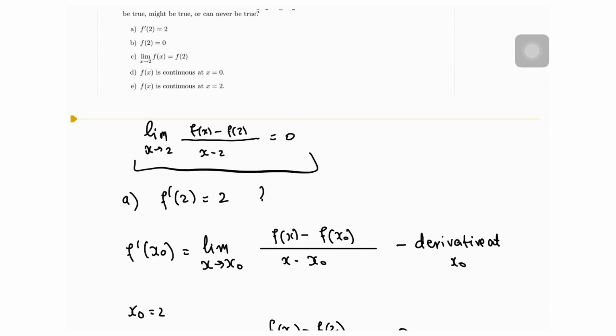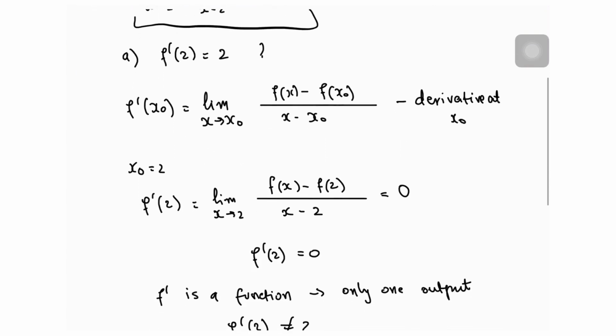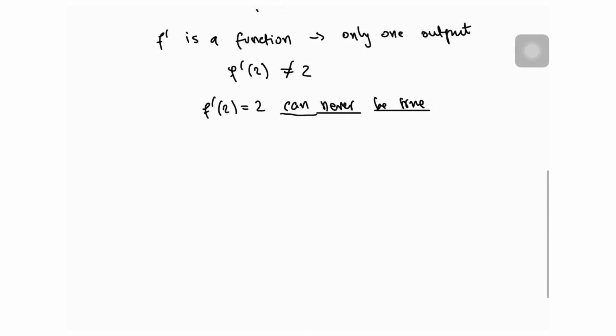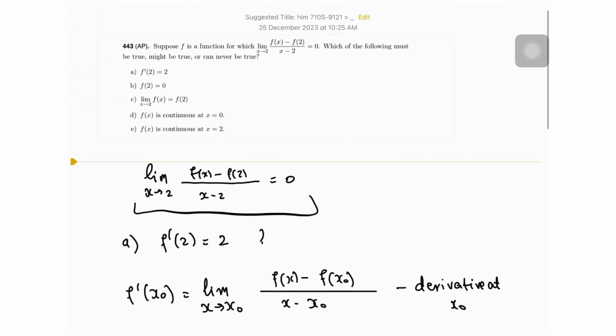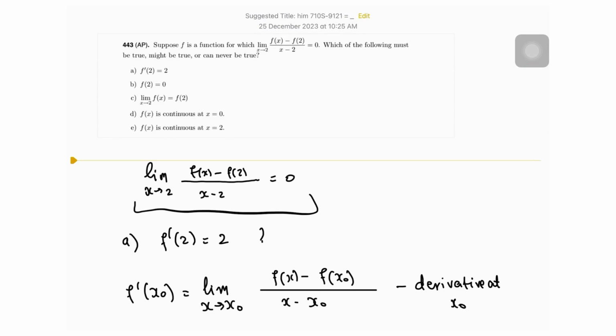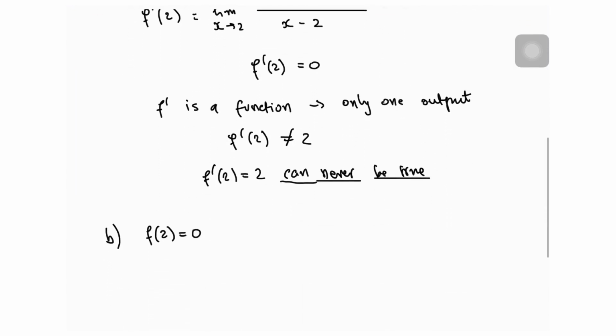Let us see B. B requires some elaboration. So B says f of 2 equals 0. Now notice that apart from the condition that we have, we don't know much.